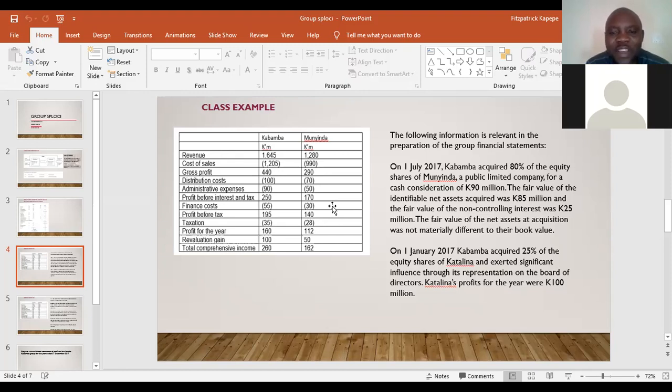If you were not using the fair value, you could have said 20% of 85 million, which is the identifiable net assets. But someone already computed the NCI and gave you 25, so you cannot subject 25 again to 20%. So how much is the goodwill?